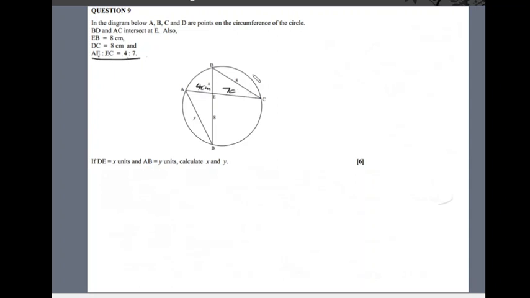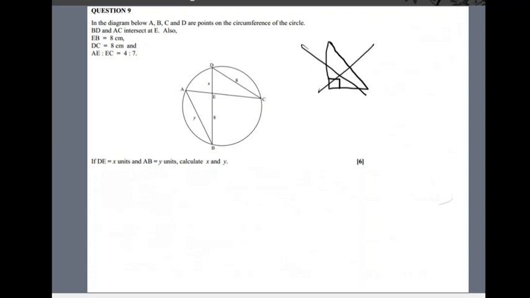I said ratio, it's only a ratio, it doesn't say the length of those sides. So here they say this side to that side is equal to 4:7, which means if you know the length of one side, you can calculate the length of the other side because you know the ratio, right? So a ratio does not imply length. I hope we get it.